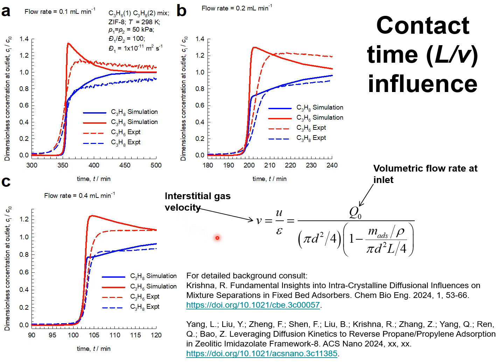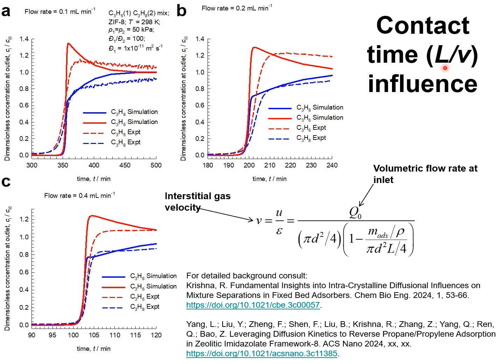In order to understand that, let's see what the influence of varying inlet flow rate is. We can determine the interstitial gas velocity, V, which is the superficial gas velocity divided by the bed voidage. And this is related to Q naught, the inlet flow rate, the diameter of the tube, the mass of adsorbent, the crystal diameter, and this is the length of the packed bed.